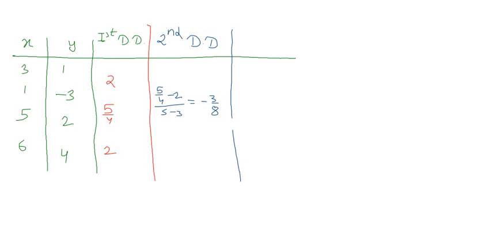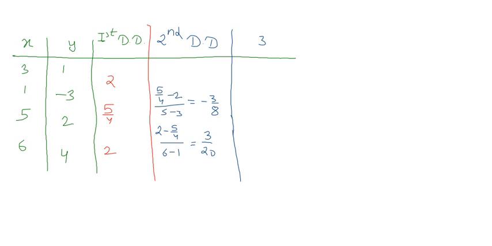And the next one is 2 minus 5 by 4 divided by 6 minus 1, so that is equal to 3 by 20. Right. Okay. Now hopefully you get the flow here.